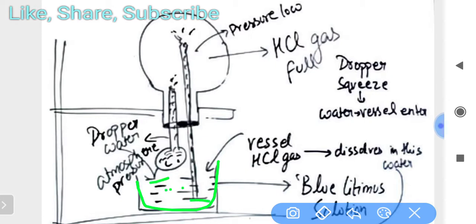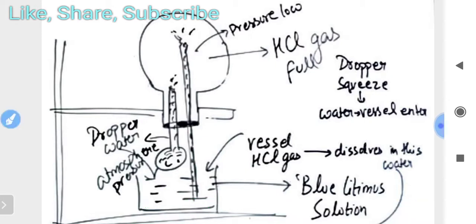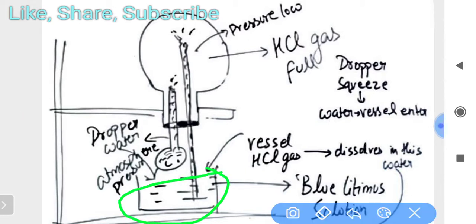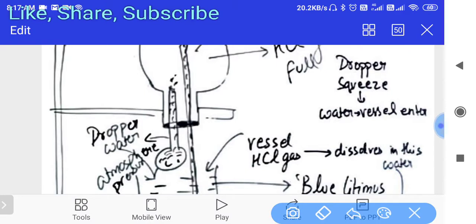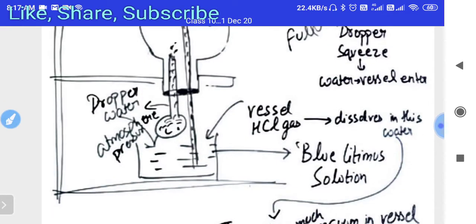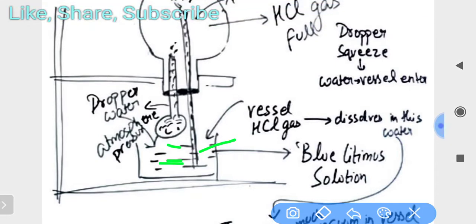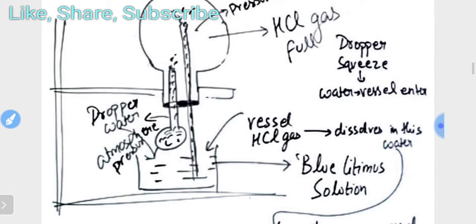We have to show the solubility in water. So in the vessel HCl gas is there. In this there is no water, only HCl gas. You just see the structure and arrows well. Then blue litmus is filled here. Okay, one thing is there, blue litmus. Blue litmus is here with HCl gas, in gas form.